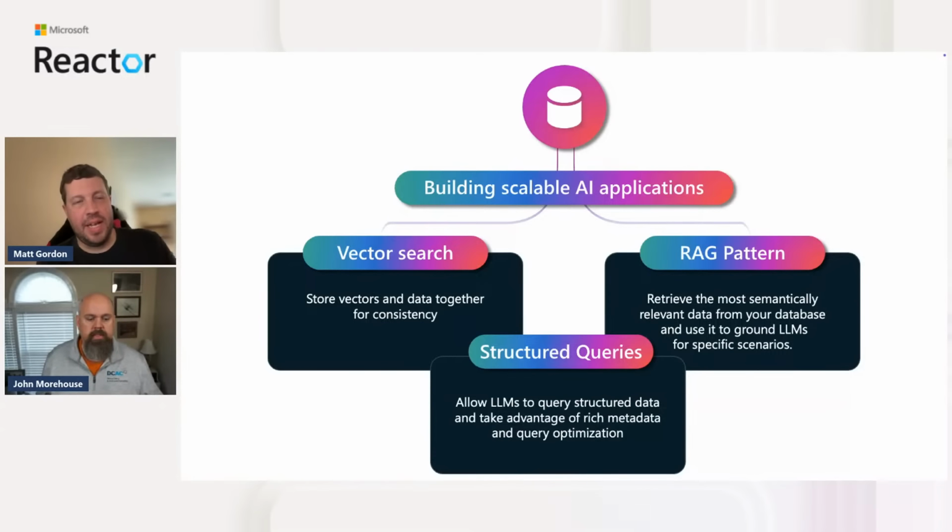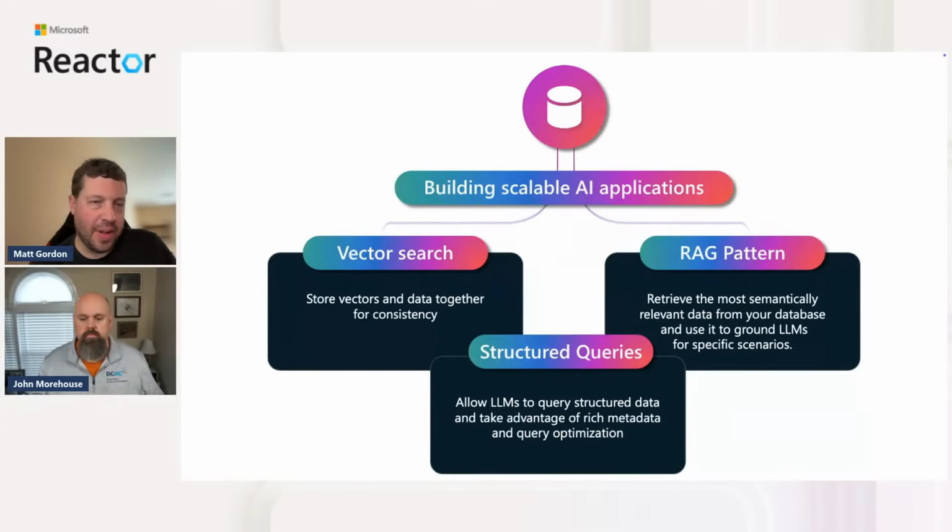So some of this, I'm going to guess you might be lightly familiar with. We'll talk through these three basic patterns, and it's all around building what I call scalable AI apps. Like we've talked about, there's really data underpinning all of this.